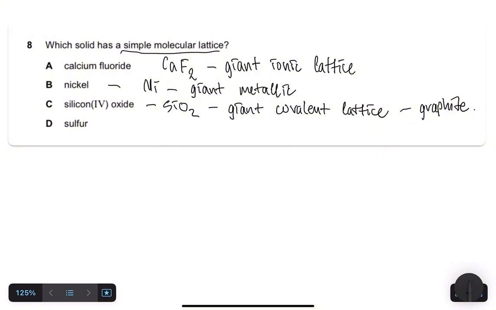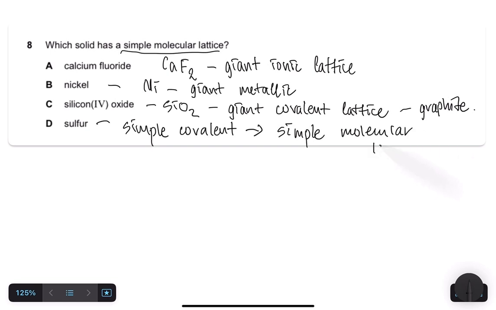And for sulfur, it has a simple covalent structure. Therefore, it is a simple molecular lattice. So the answer is D.